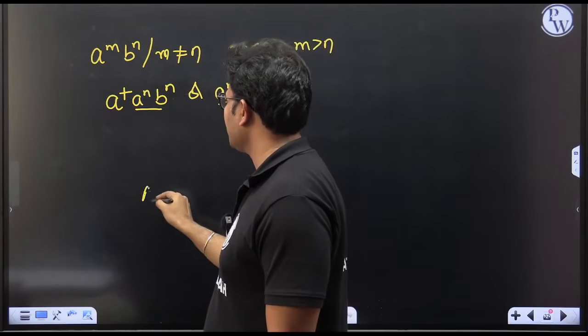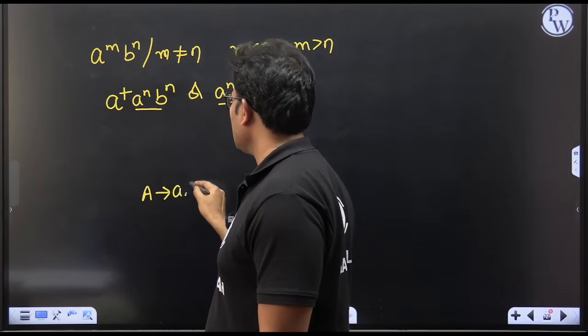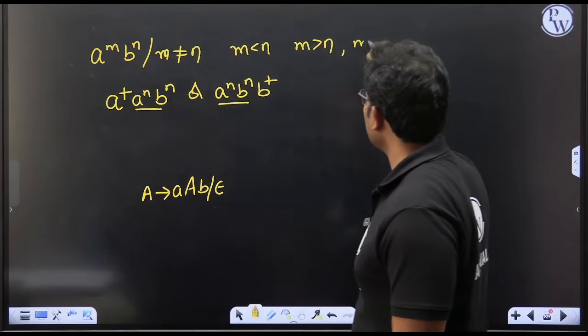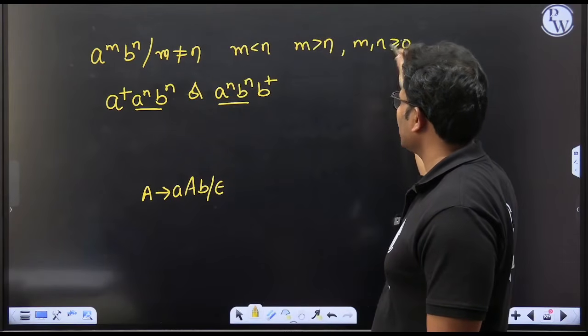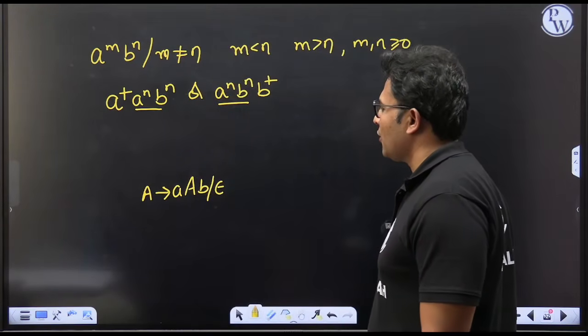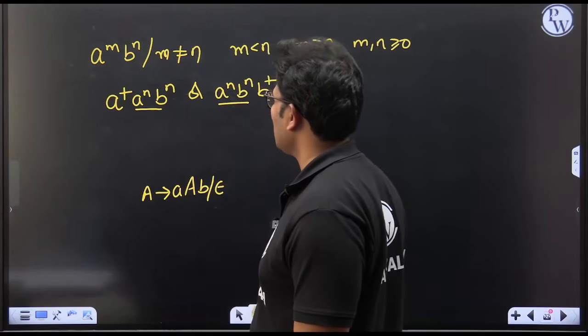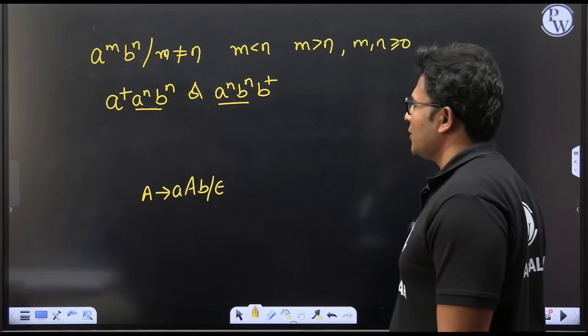Let's generate that. S derives aSb or epsilon. Let's assume m, n greater than or equal to 0. So S derives aSb or epsilon. This will generate a power n, b power n.